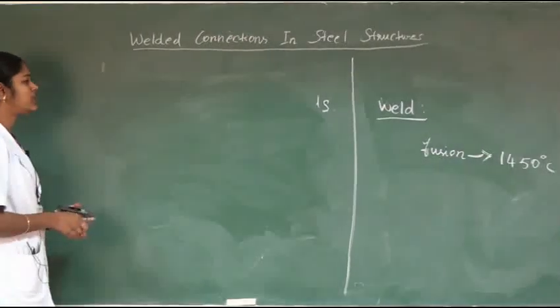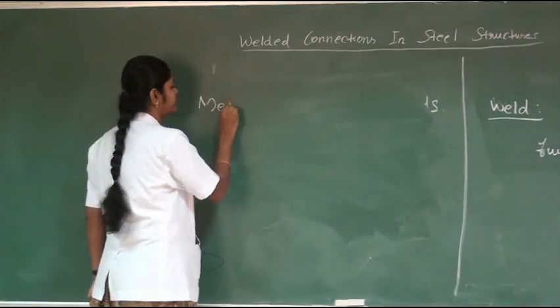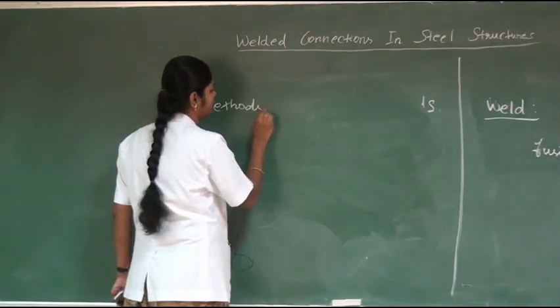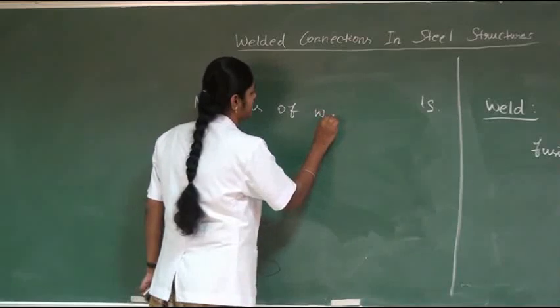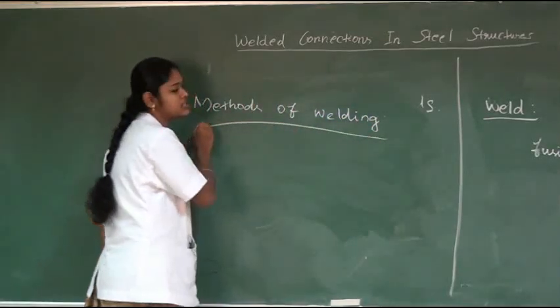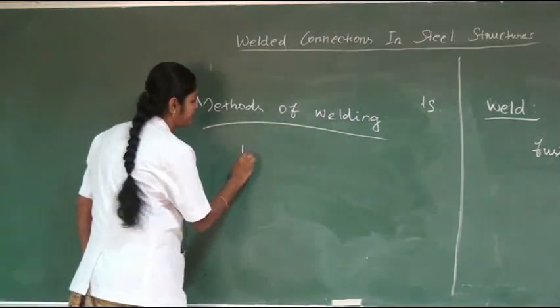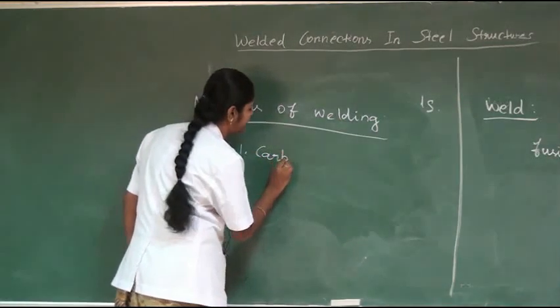And the next one is the methods of welding. There are four types of methods. First one is carbon arc welding.